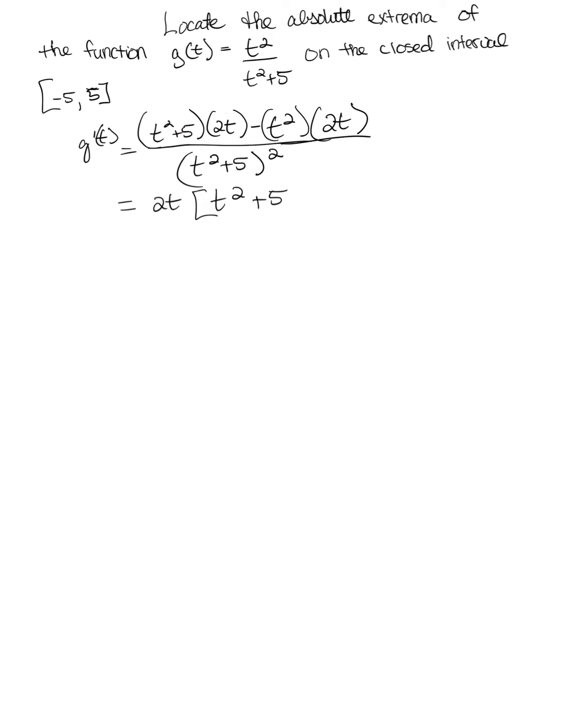And then I'm going to have minus t squared all over t squared plus 5 squared. Now, the top is the only thing that can make this equal 0. Well, your bottom could also make it equal 0, but not in this case, and let me explain why.